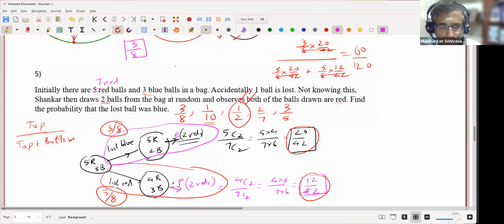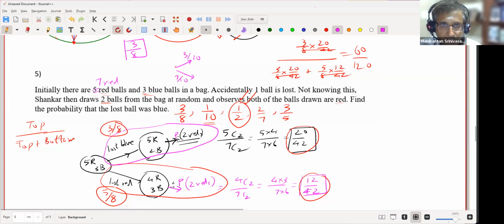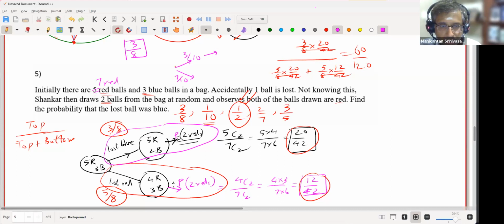So the probability of losing a blue would be 3/10. This will be the upper branch. The lower branch will be 7/10. Okay. So in this branch, you lost a blue, right? So you have 7 red and 2 blue.